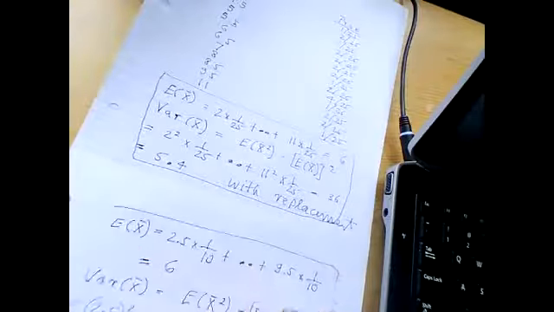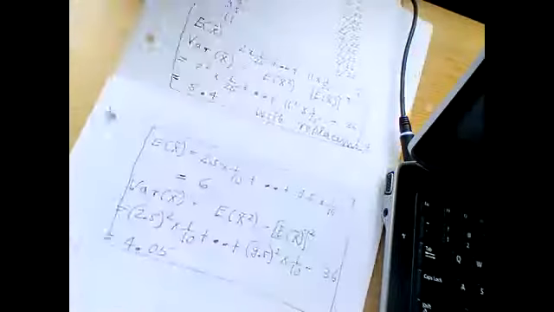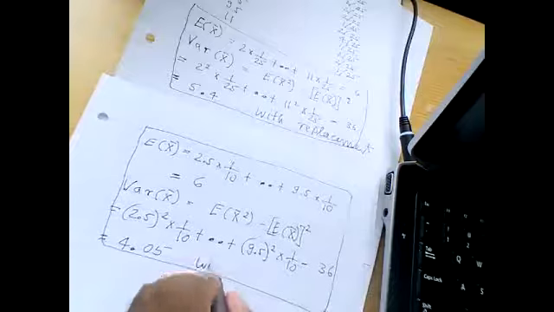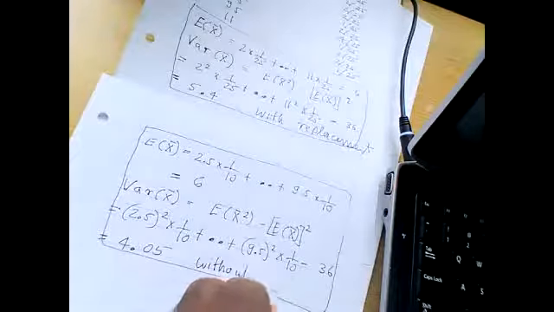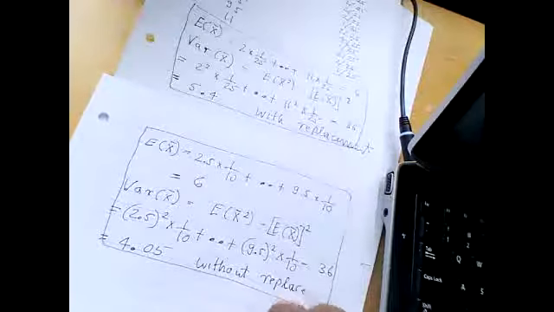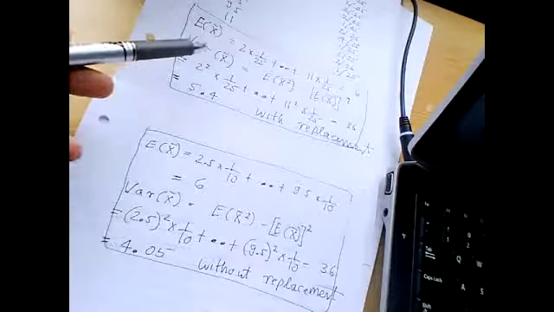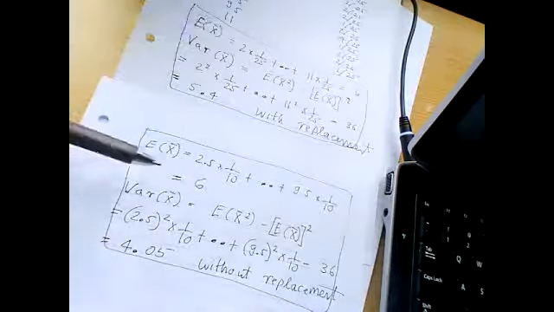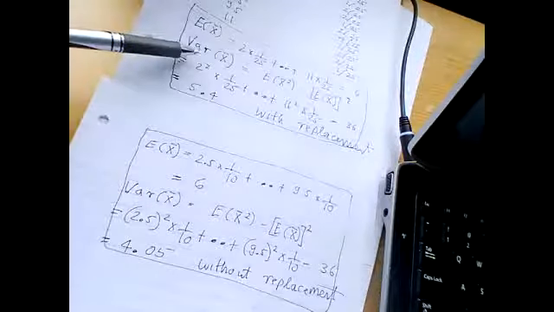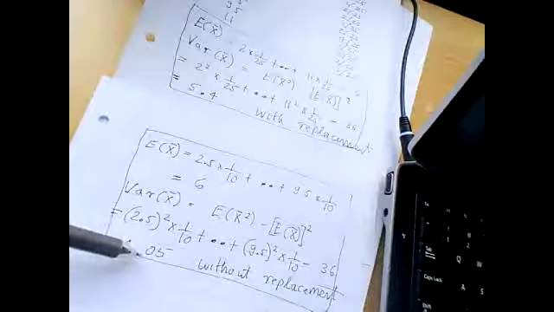And these are the numbers that we are getting now without replacement. So you see how they compare. The mean is the same. The mean is 6, and the mean is 6 here too. But the variance here is 5.4, and the variance here is 4.05.